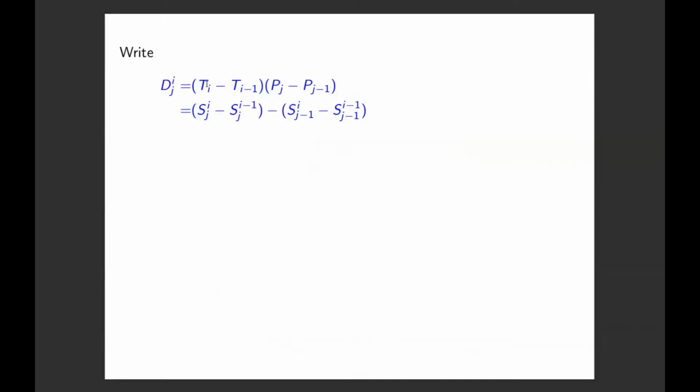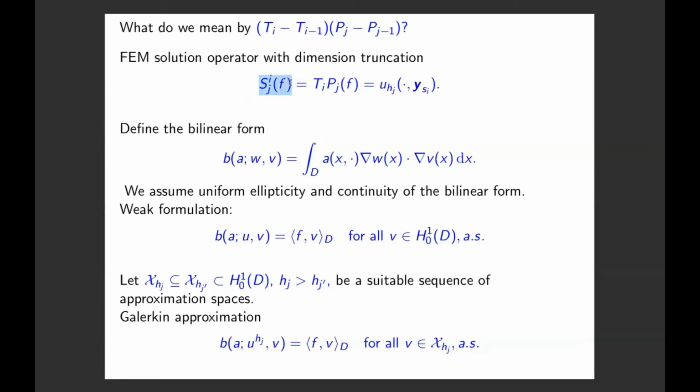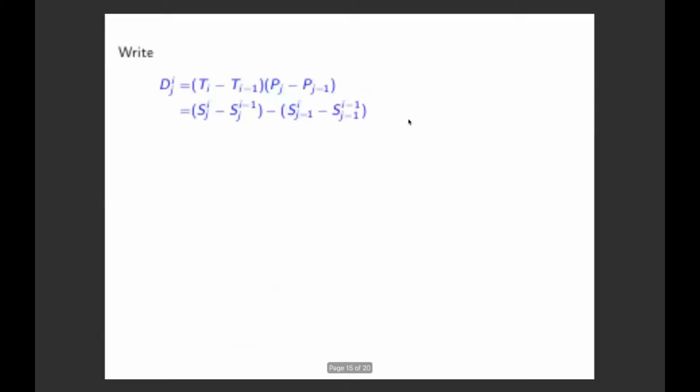So now for this difference of differences of these operators, we need to obtain a bound which is of product form. And it's not quite so easy to see how we can obtain a bound of this form. So we defined this Sij of f, this solution operator, given by this finite element solution of the truncated problem. So we truncate the diffusion coefficient after the SI terms.